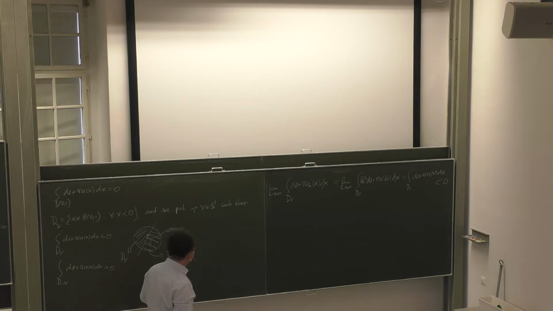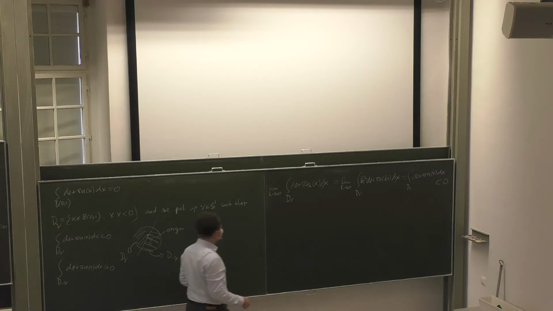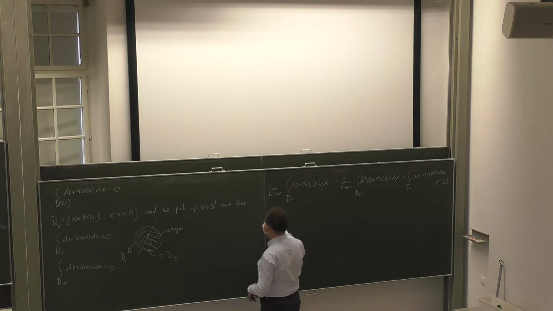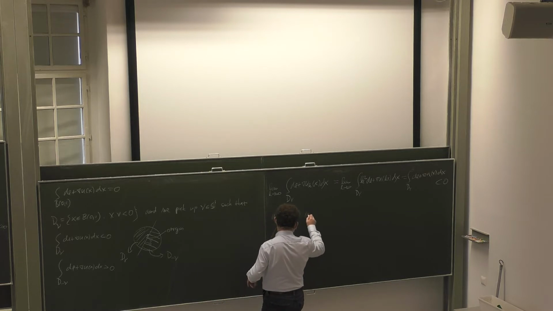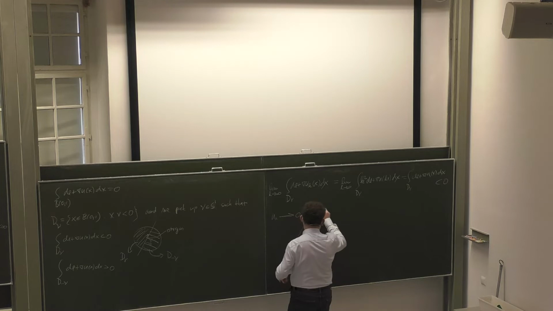So now, what's the limit here? We have to calculate the limit. So the weak limit: u_k goes weakly to 0 in W^{1,2} of the ball.